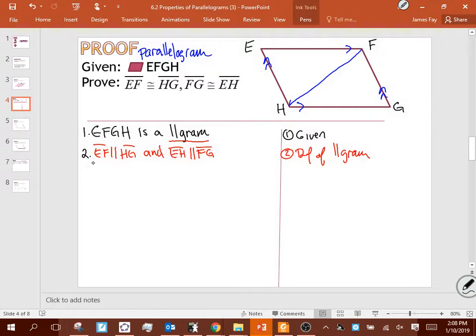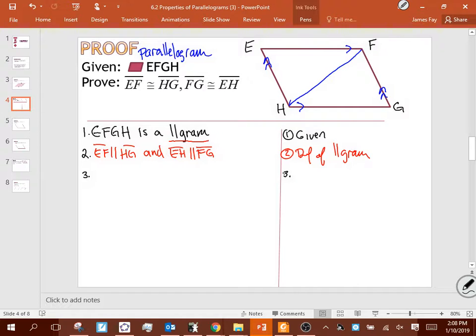The reason I can draw HF, guys, goes back to one of the first postulates that we talked about earlier on in the year. It's something that you guys have known for a really, really long time prior to even this course starting. How many points do you need to create a line? 2. Is H a point? Is F a point? So we know, even though it wasn't drawn in there, that we could connect them with a straight edge and make a line there, right?